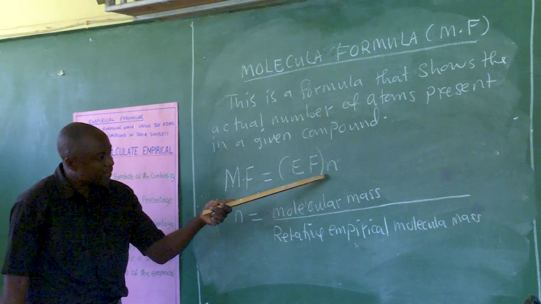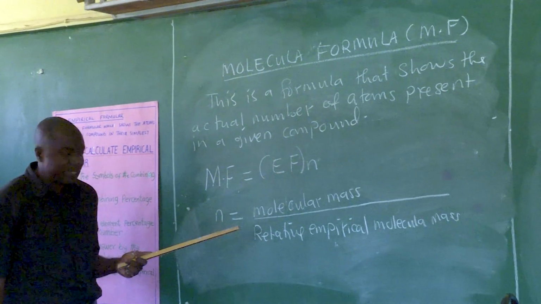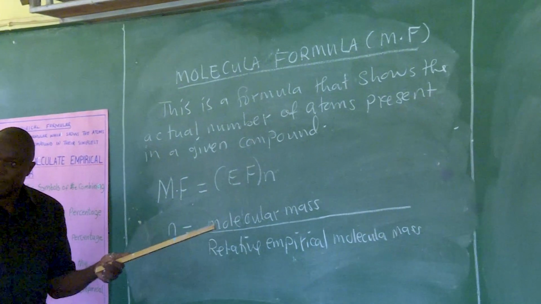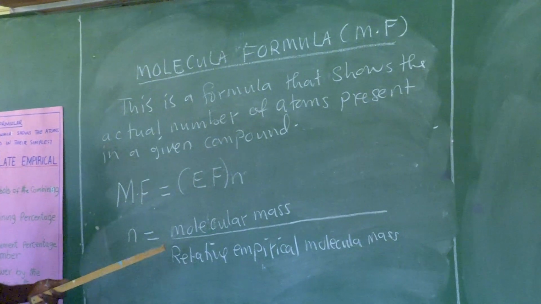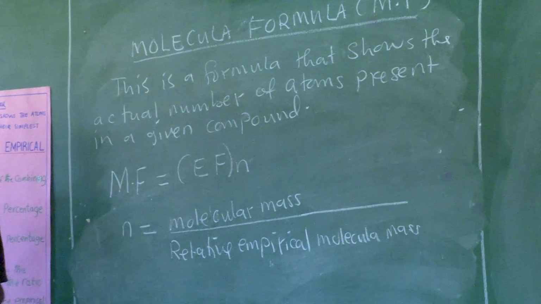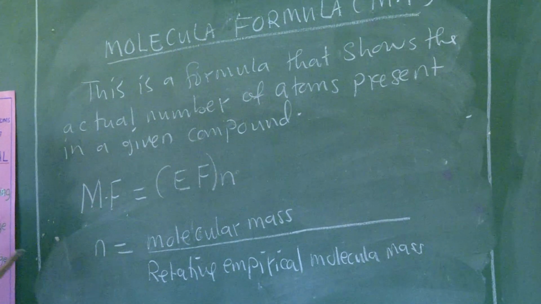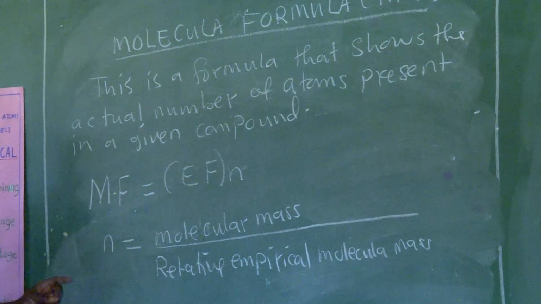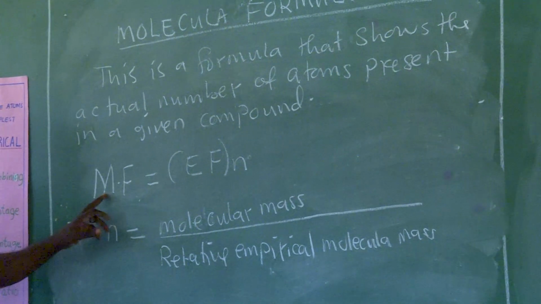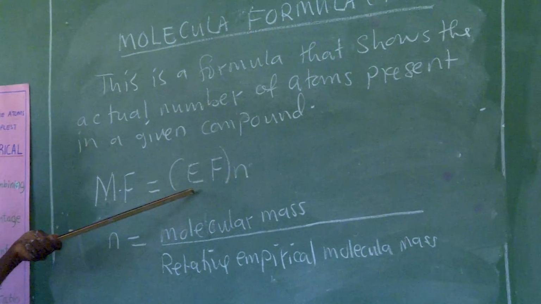Now, how do we calculate this multiple whole number? The multiple whole number n is equal to the relative molecular mass of a compound divided by the relative empirical formula mass. This is what we do. Meaning, therefore, you cannot find the molecular formula of a compound if you don't have the empirical formula.